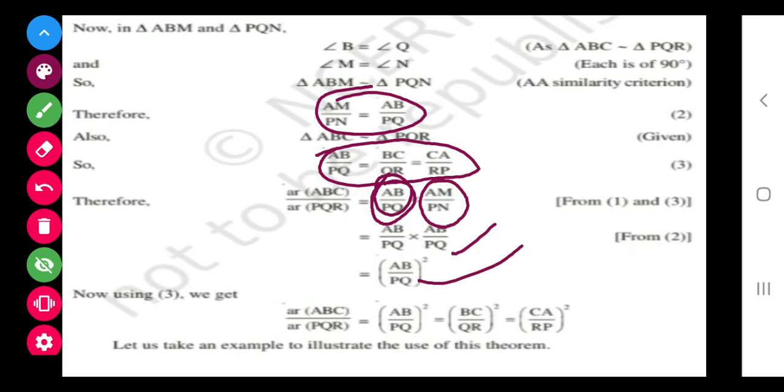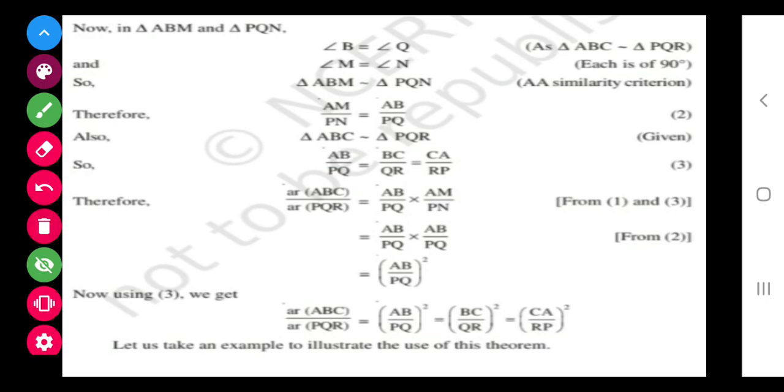So finally we have got this, and this will obviously be equal to BC upon QR, which will obviously be equal to CA upon RP. So finally it is proved. See this video again and again, you will understand this.